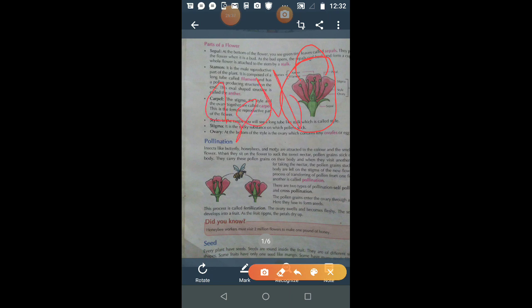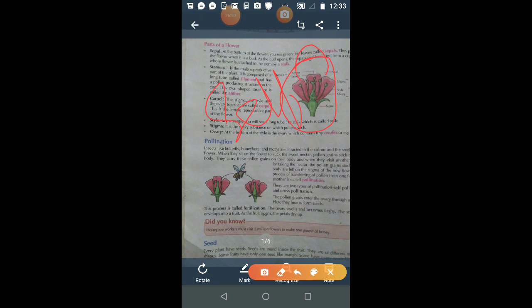Now here, let's take another case. See students, pollen is transferred from the anther. That is true, pollens are inside the anther of one flower, and they are transferred to the stigma of another flower. Now the flower is not the same.